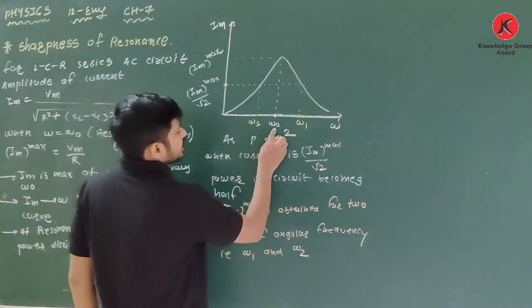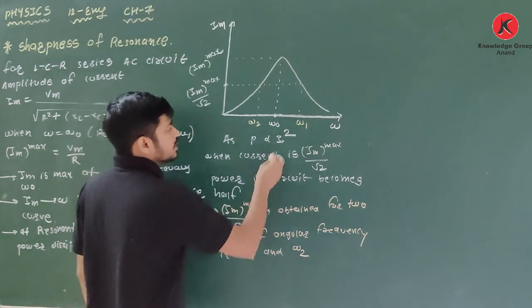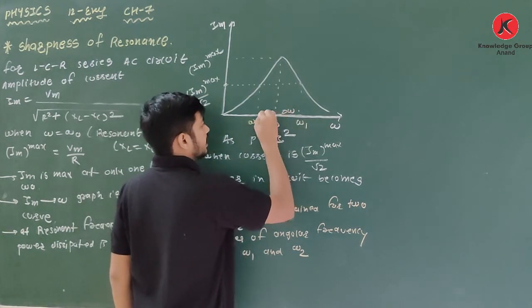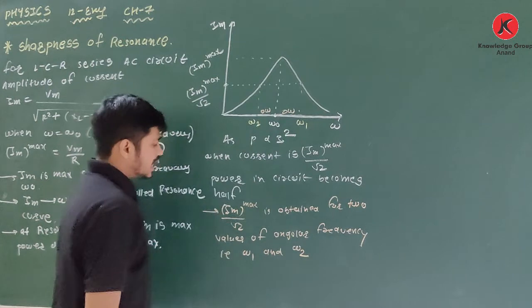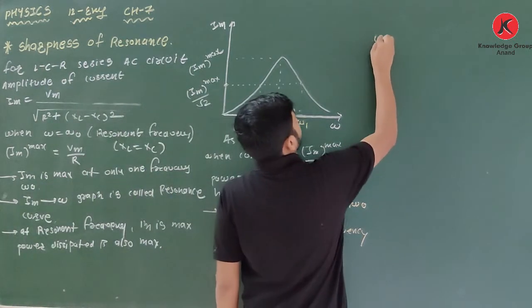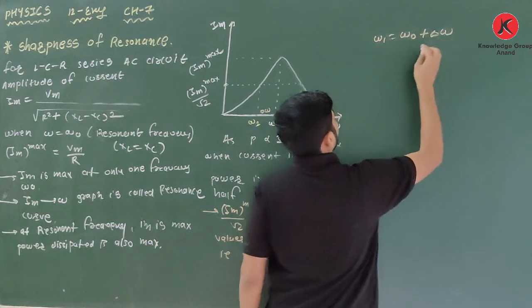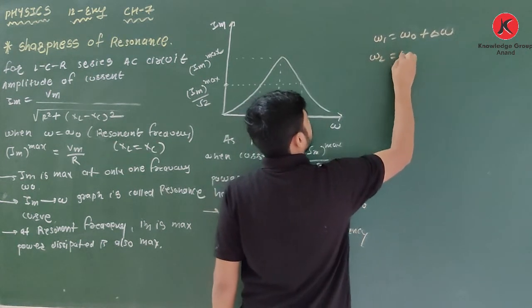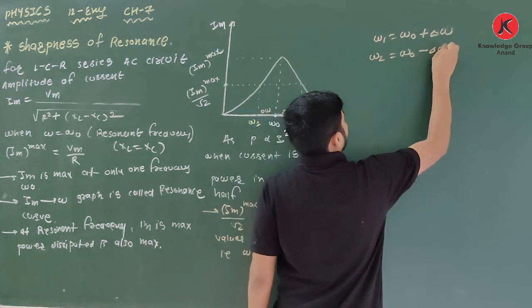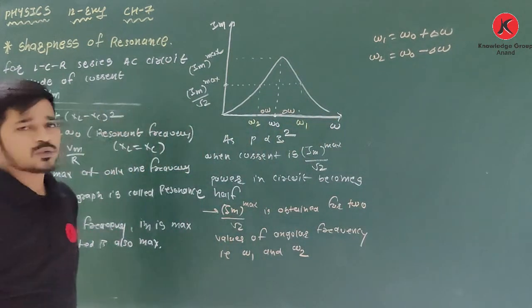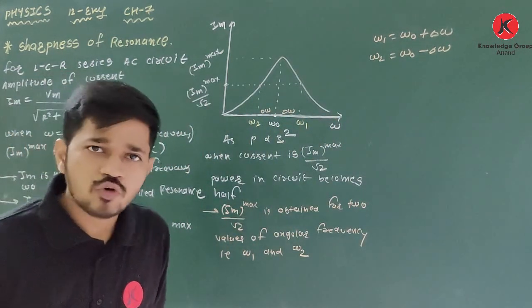Now, if I call the deviation delta omega on both sides, then I can write omega 1 is equal to omega 0 plus delta omega, and omega 2 is equal to omega 0 minus delta omega.